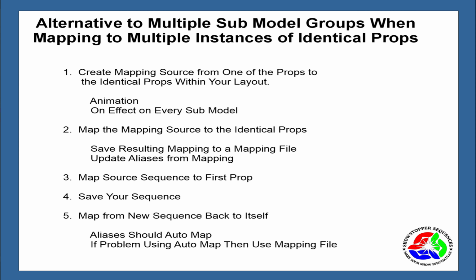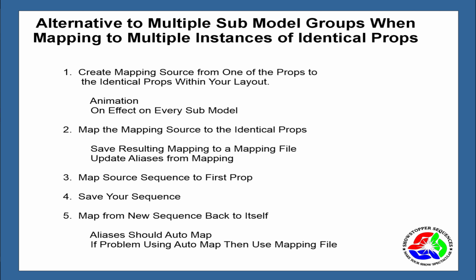So you can end up with a different look by mapping different submodels to the second and third prop. Or you can do what I did and keep them identical. It's strictly your call how you want to handle that.